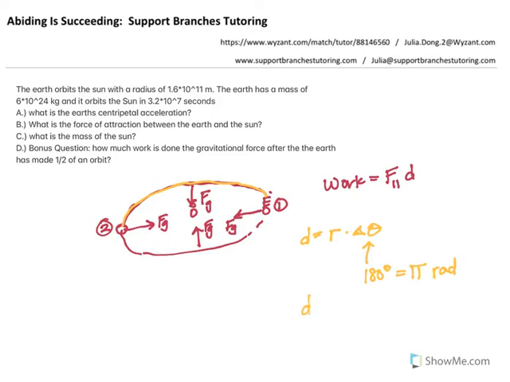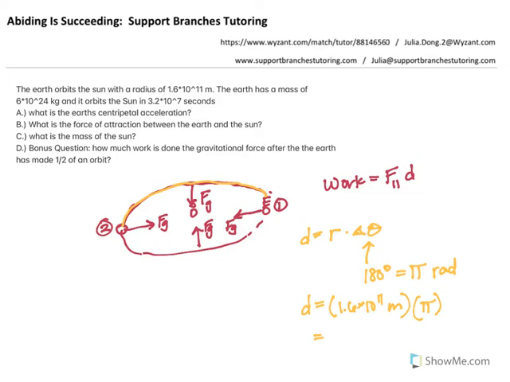So here we could calculate the distance traveled as 1.6 times 10 to the 11 meters, because that's our radius, times pi. And that would give us our distance in meters.